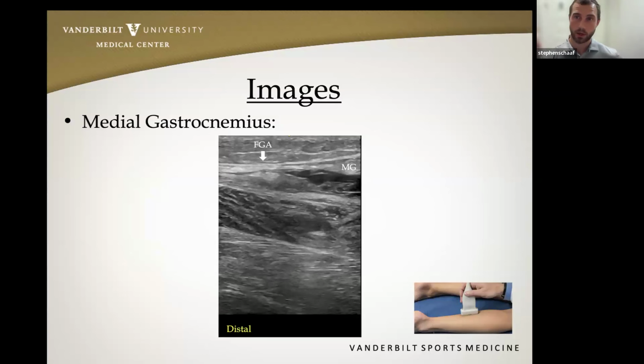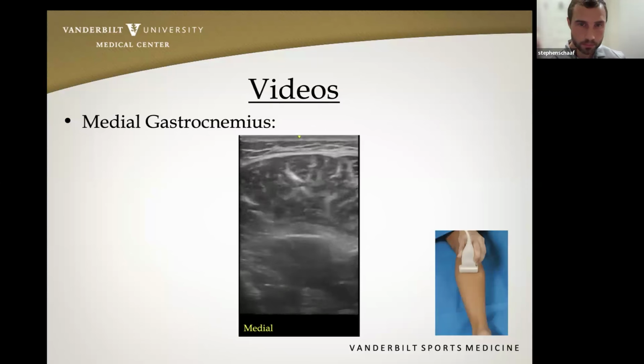This is once again a very critical area to get used to scanning, and is fairly unique for the gastrocnemius. As we had mentioned, it is an important and vulnerable area to get injuries, and we'll go into why that's important a little bit later as well.